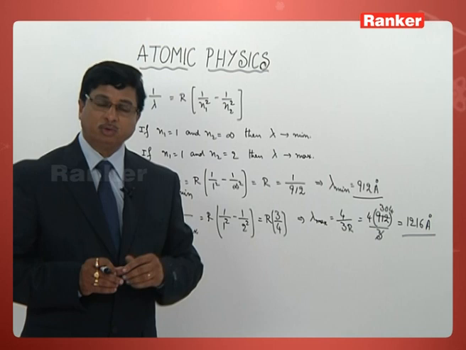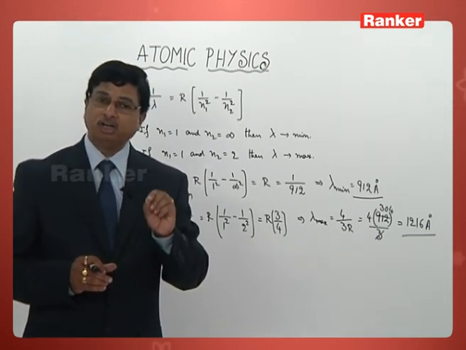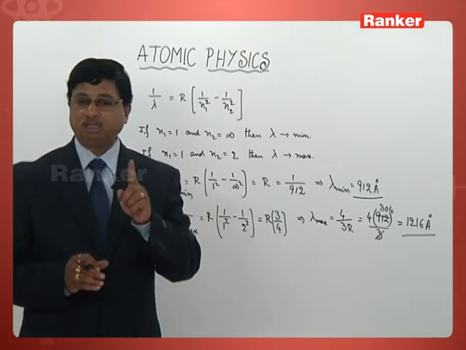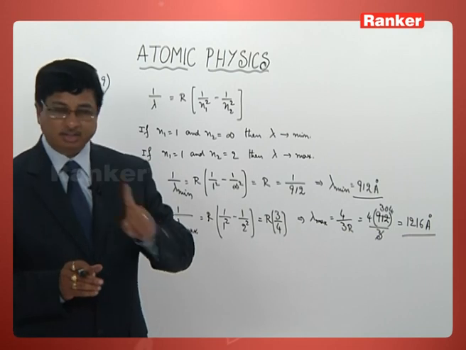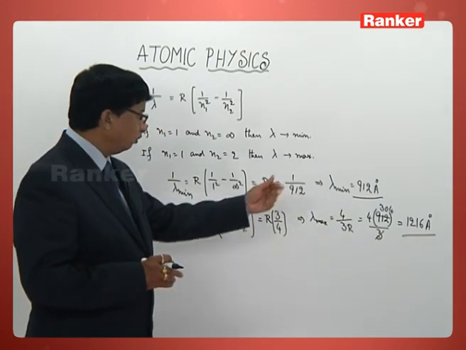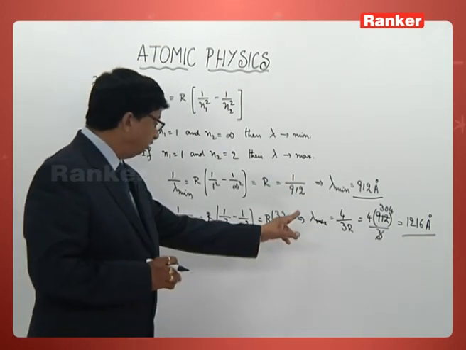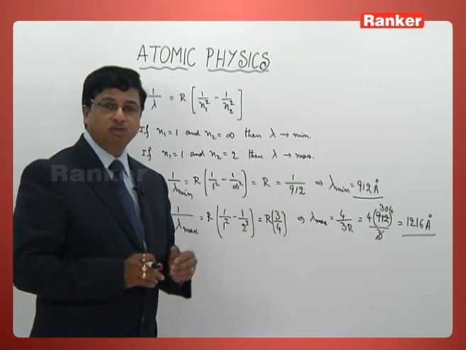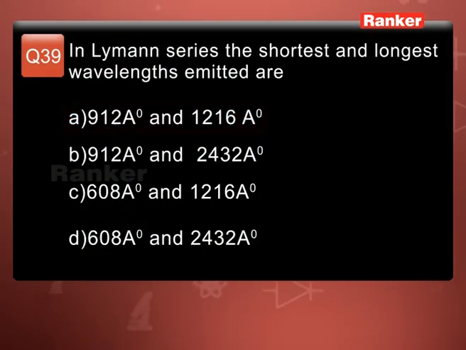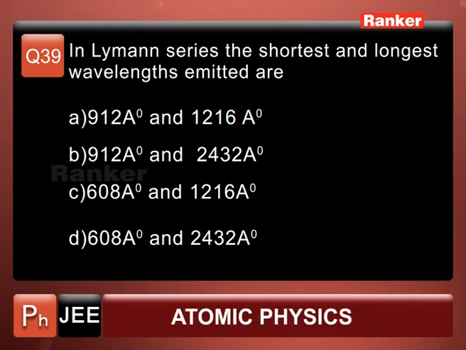And the fourth one, 608 angstrom and 2432 angstroms. Ultimately the very first option is exactly the same values that we have calculated just now. So lambda minimum is 912 angstrom units and the maximum value of lambda is 1216 angstrom units. Therefore, the correct answer for this particular problem is A.